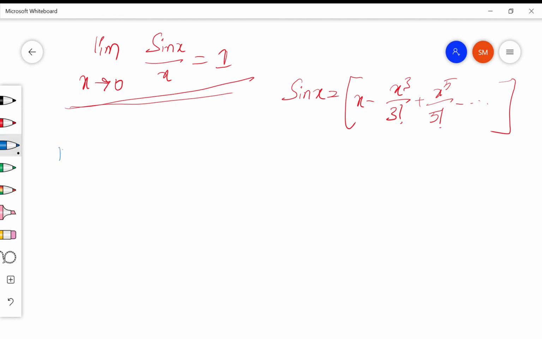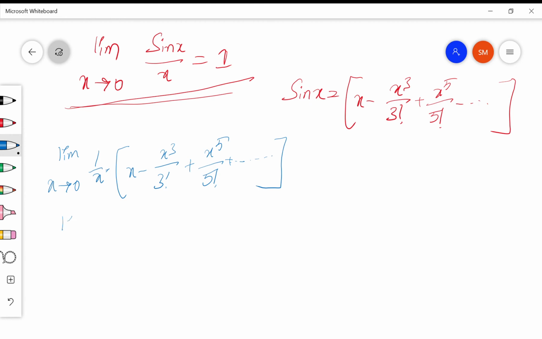So limit x tends to 0, 1 by x into x minus x cube by 3 factorial plus x power 5 by 5 factorial plus so on. We take x common, so limit x tends to 0, 1 by x into x, 1 minus x square by 3 factorial plus x power 4 by 5 factorial plus so on.